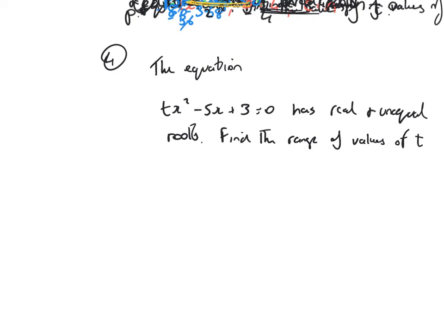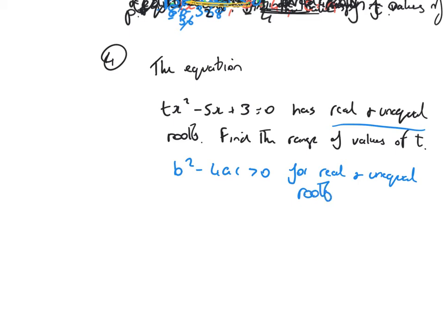of t. Okay, so let's make a statement again, which is if the roots are real and unequal, the discriminant is greater than 0. So b squared minus 4ac is greater than 0 for real and unequal roots, which might have also been phrased meaning the same thing, real and distinct roots.